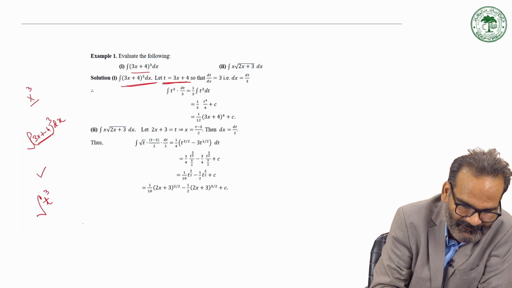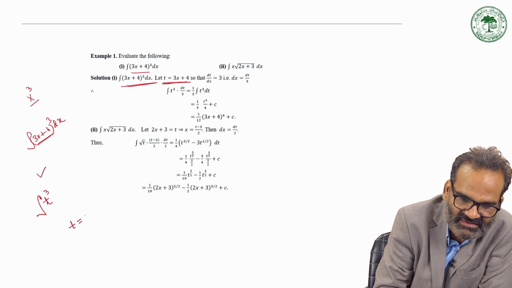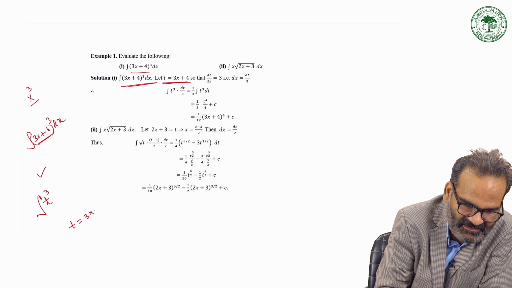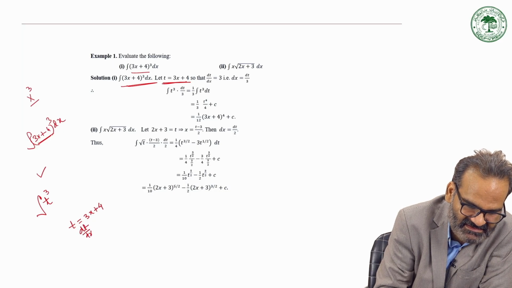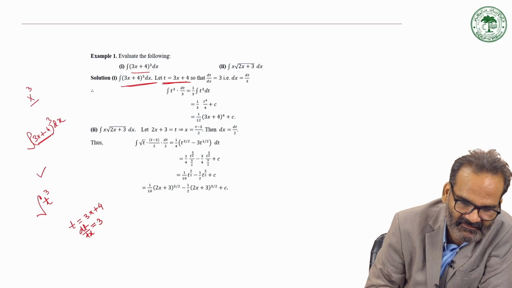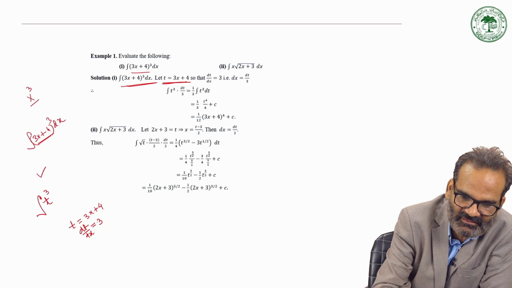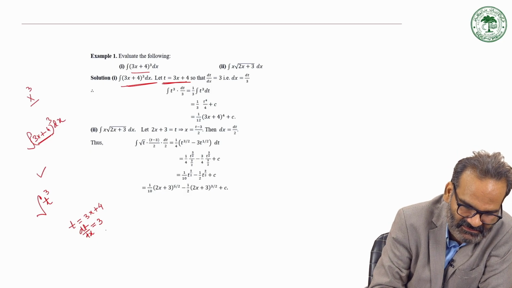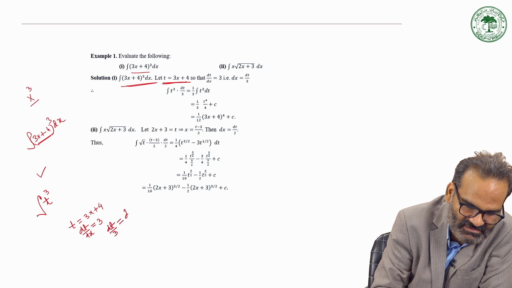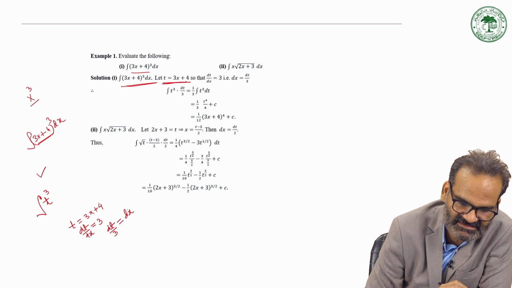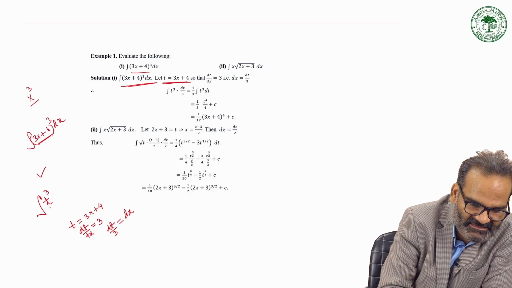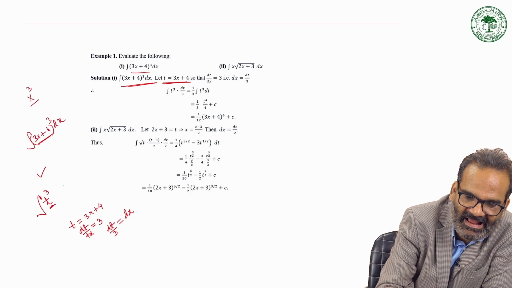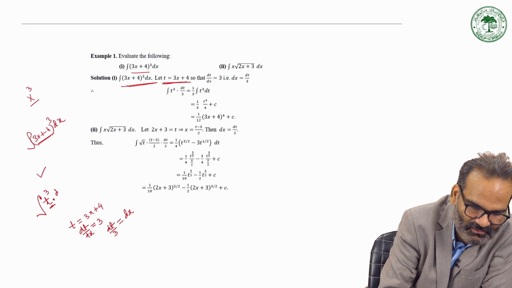We have taken t equals 3x + 4, right? So what is the value of dt over dx? Its derivative is 3. We want to calculate the value of dx. So from here, dt upon 3 equals dx, right? See, it has been converted to t cubed, and dx is converted to dt divided by 3.